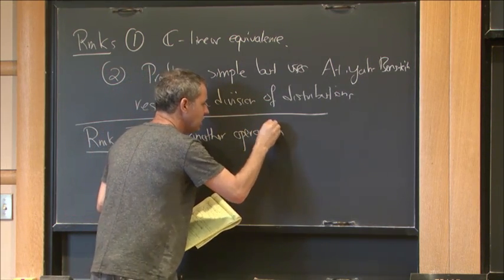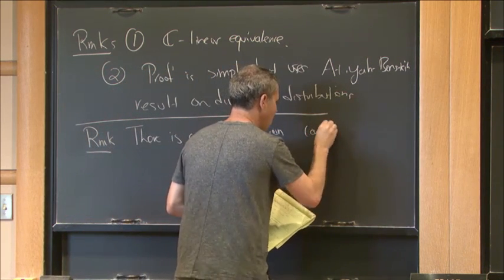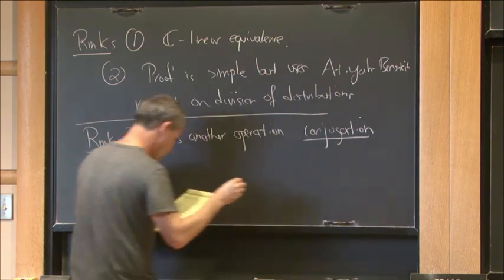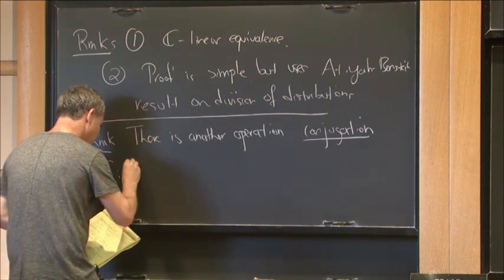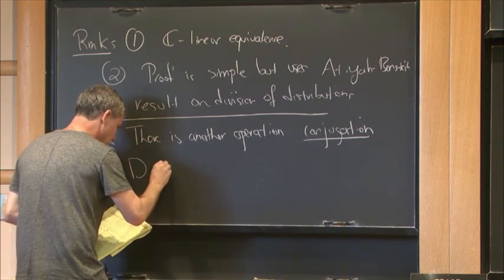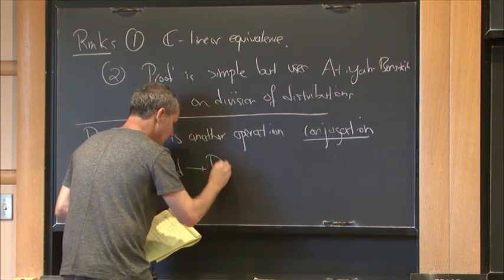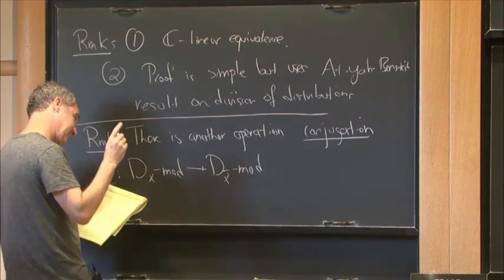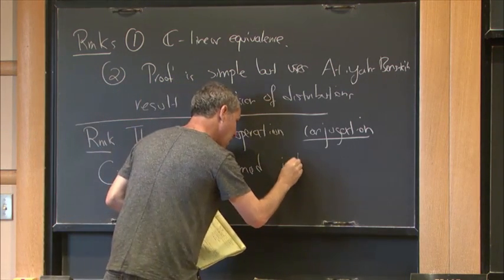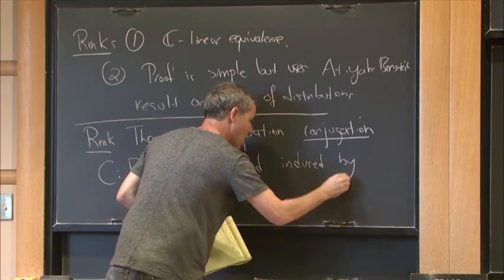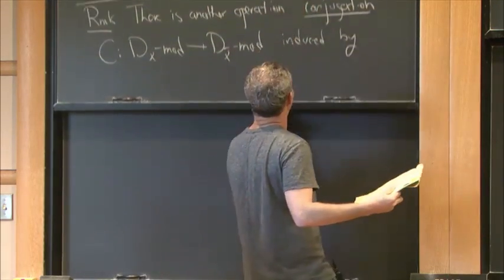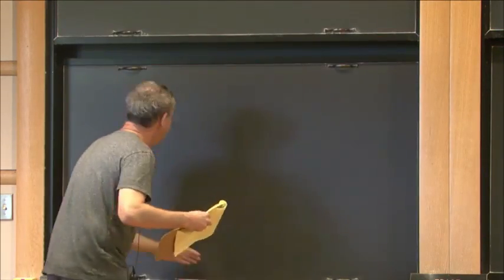Let's call it just conjugation, C, from D_X mod to D_X bar mod, induced by just taking a differential operator and barring it.